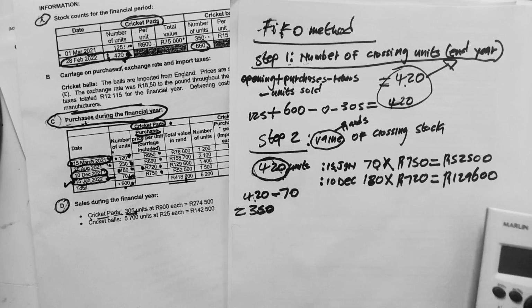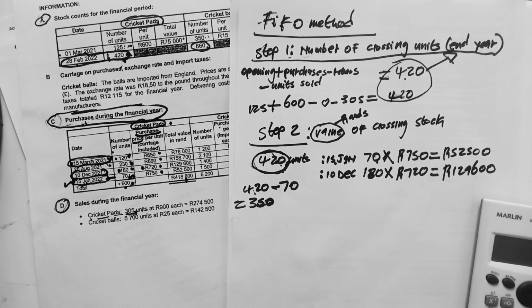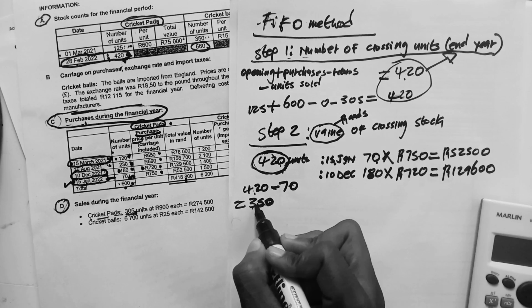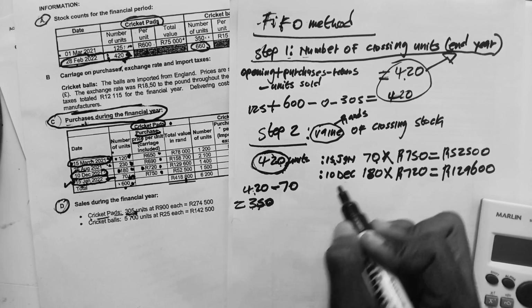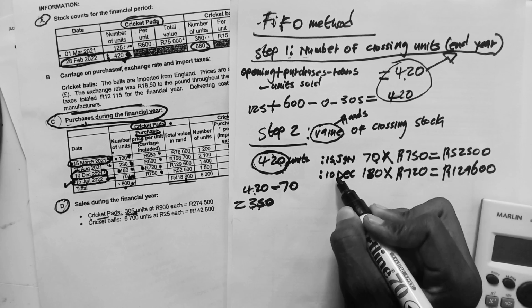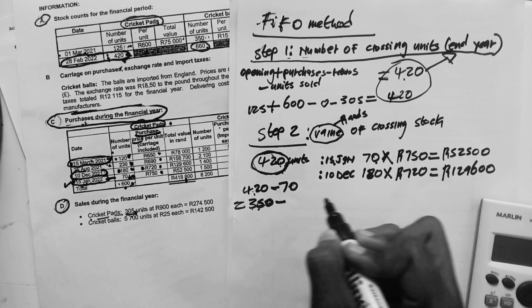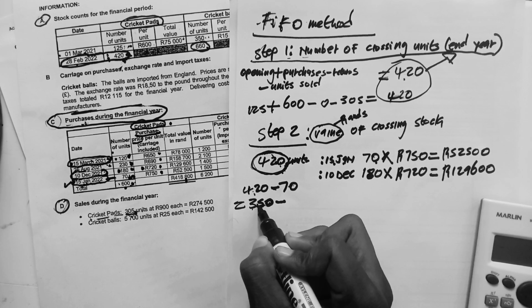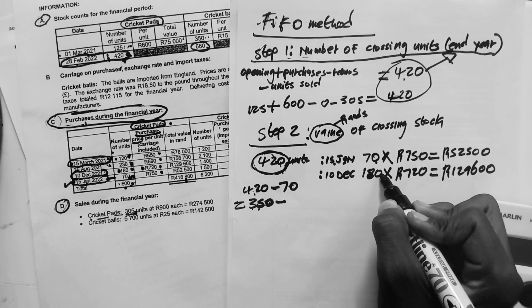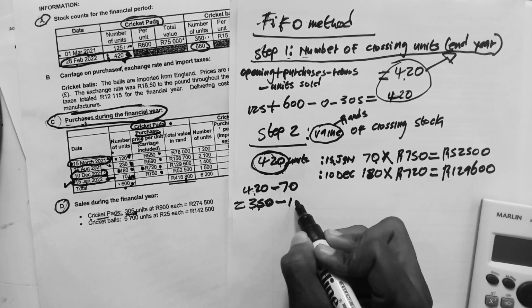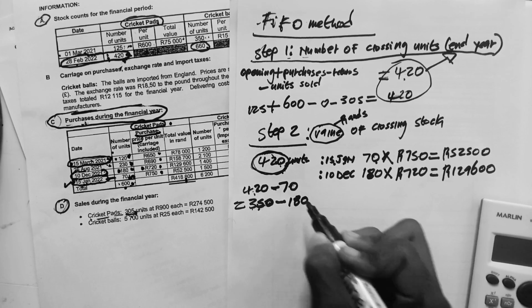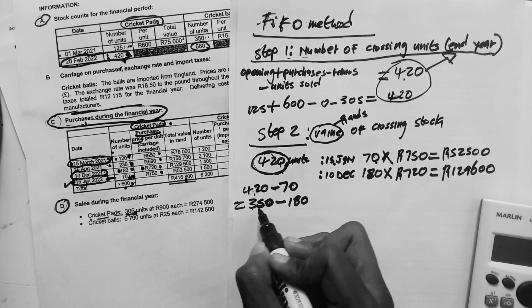That's it. Now, on this 350 that was left, we know that 180 belongs to December. So on this 350, you now minus the ones that you know. So now you take out the 180. So 350 minus 180.